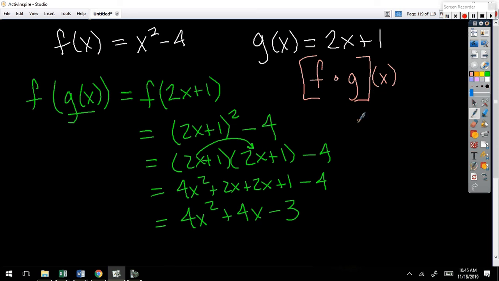That is the same thing as f of g of x. The other notation puts brackets with the x inside. So it really doesn't matter. You just have to be able to recognize both. So composition is just plugging in.